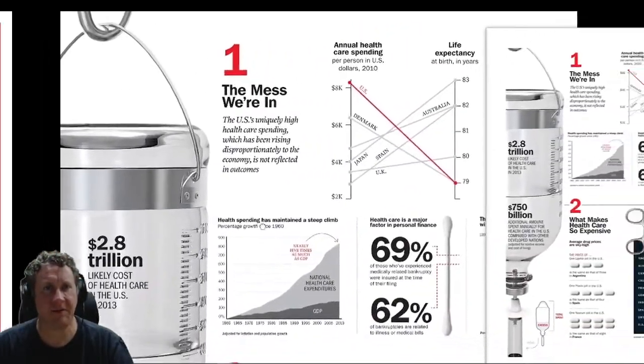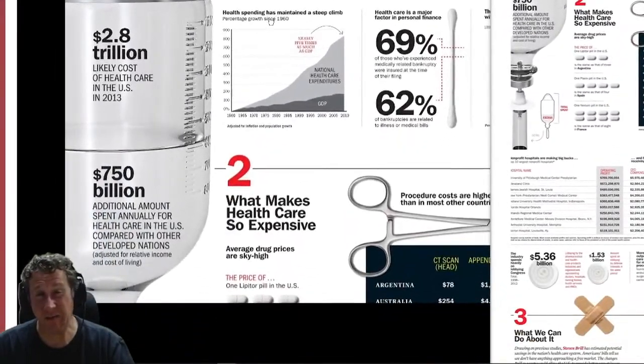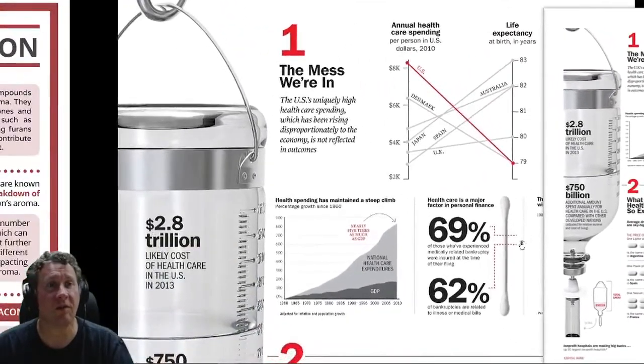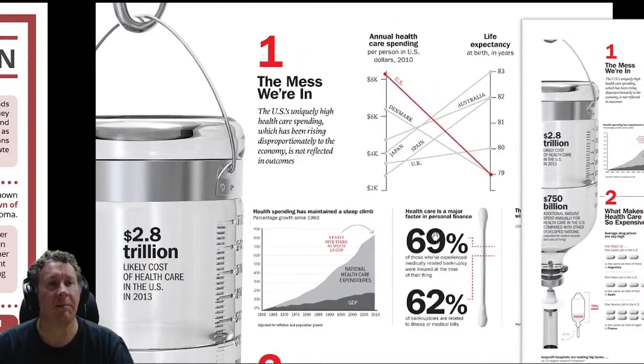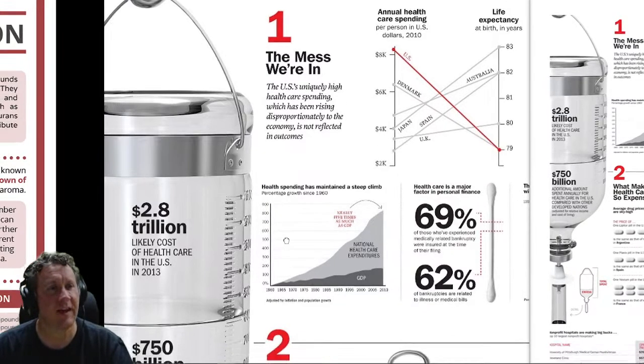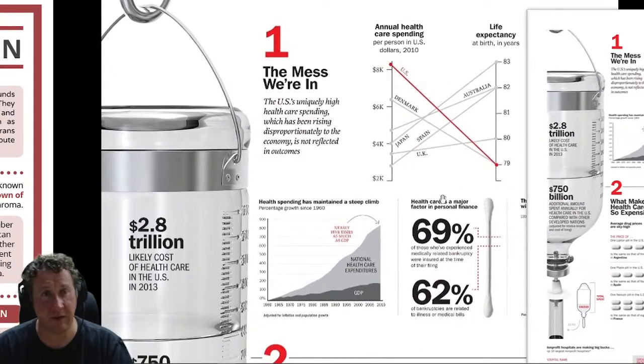In this example, I believe this was Time Magazine. I can't remember where it's from, unfortunately, sorry. But this one's a little bit more congested, a little bit more advanced, a little bit more complex, I mean. Here we have medical equipment being used to illustrate the issues with the American healthcare system. So, the mess we're in.